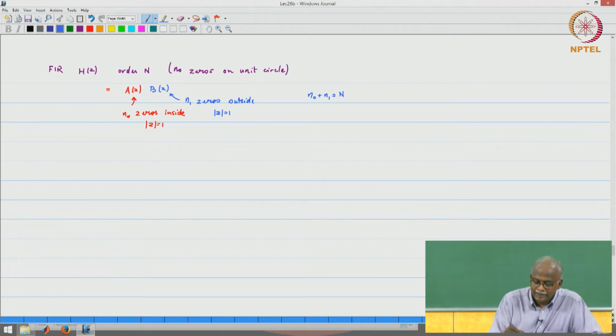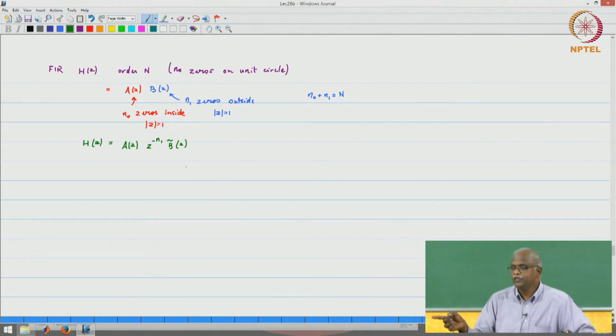Here is the key statement which I hope will remind you of a result that you have seen previously. I can always write H of Z in the following manner: A of Z, and instead of B of Z I am going to write the paraconjugate. So paraconjugate means I must write Z to the power minus n1 times B tilde of Z. If B of Z has zeros outside the unit circle, the paraconjugate will have zeros inside the unit circle.